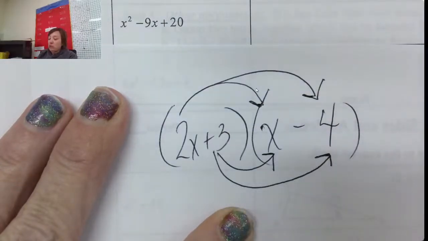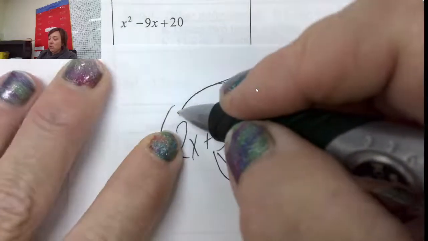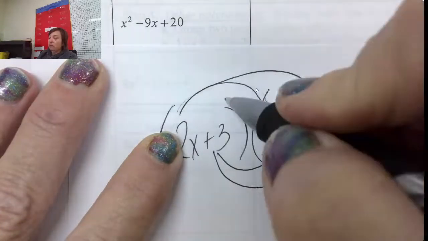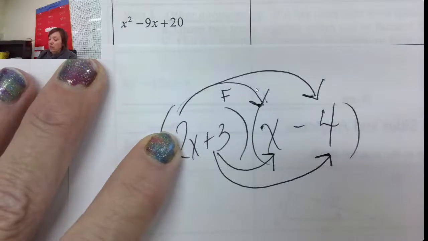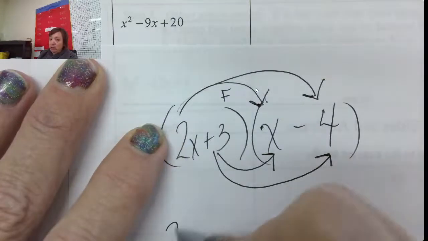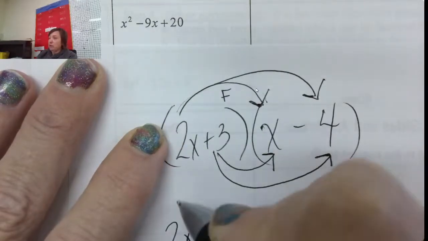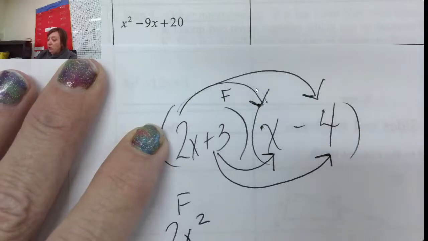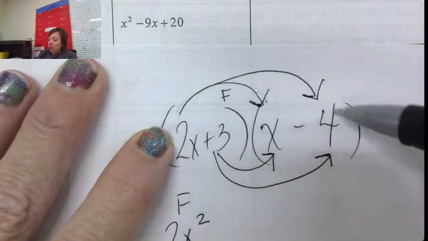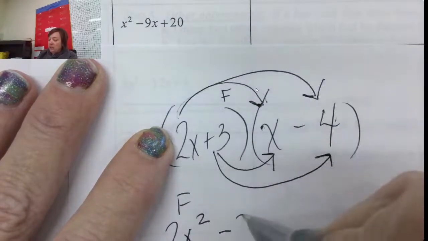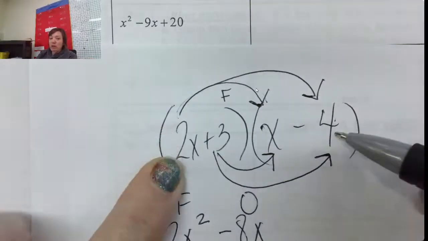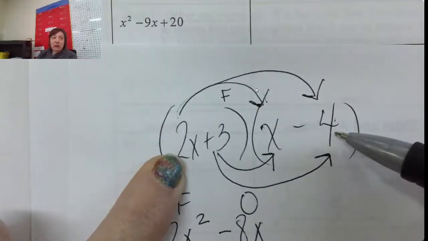Well, some teachers will teach us that when you multiply 2x times x, that's called first. And that's 2x squared, which comes from the first thing. And then 2x times negative 4, which is negative 8x, that's your outer because you're multiplying your outside here times your outside there.